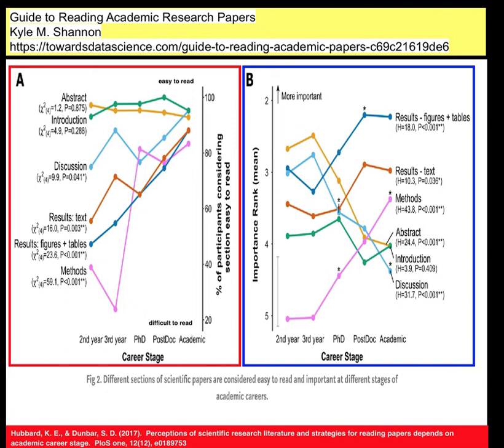Are they a first-year doctoral student, second-year, third-year doctoral student? Have they gotten their PhD? Are they doing postdoctoral work? Or are they an academic now? Are they a professor?